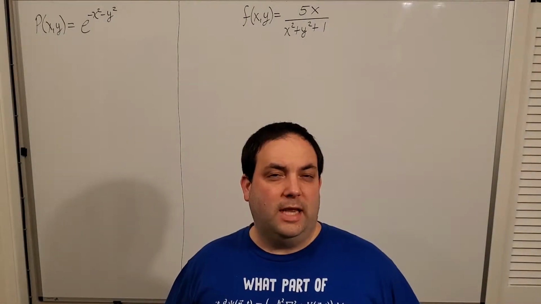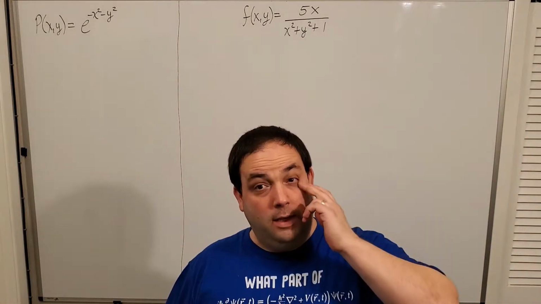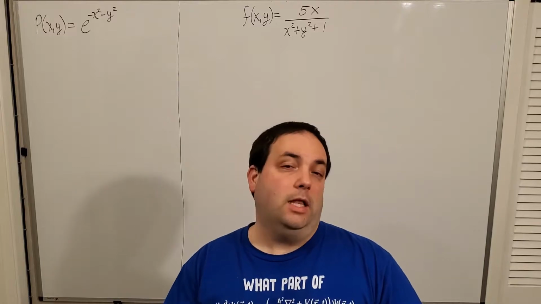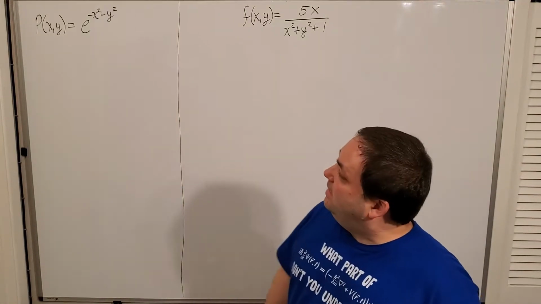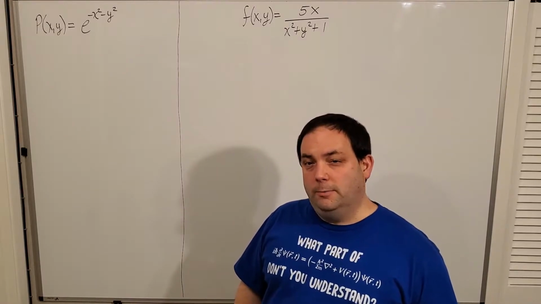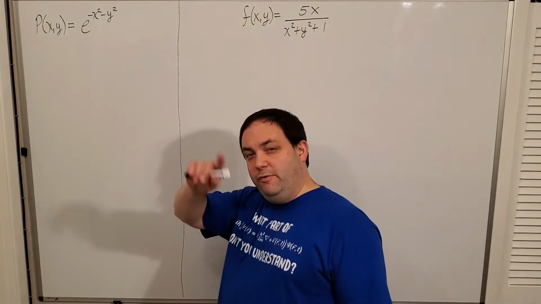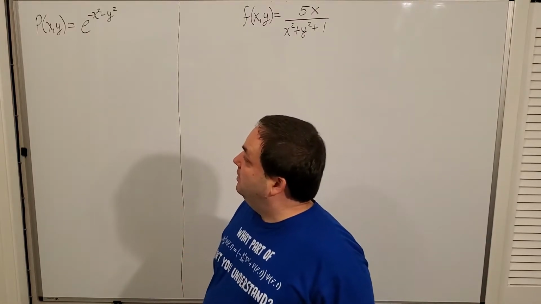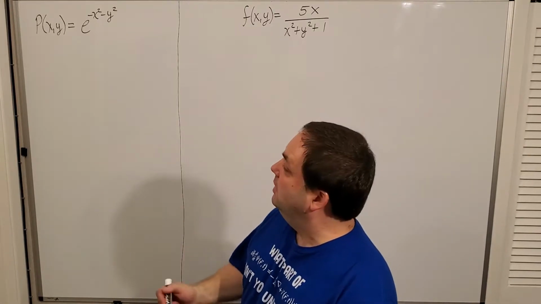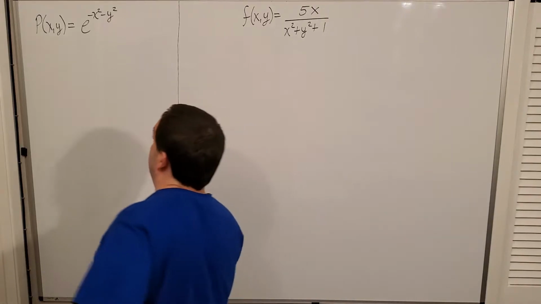Now let's work some examples from beginning to end in finding the critical points and then classifying them. Okay? So here we go. e to the negative x squared minus y squared. And if you've watched the previous lecture, you've already seen we've talked about the gradient of this one and the partial derivatives on this one, right?